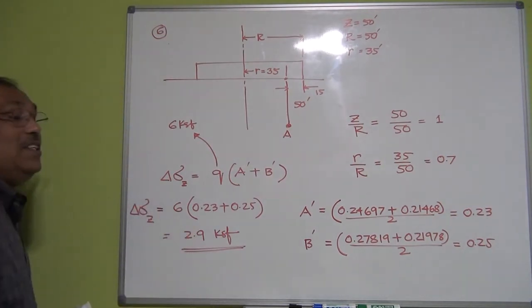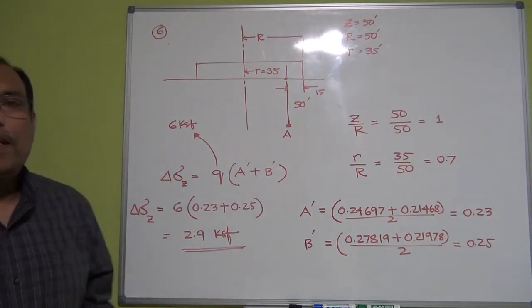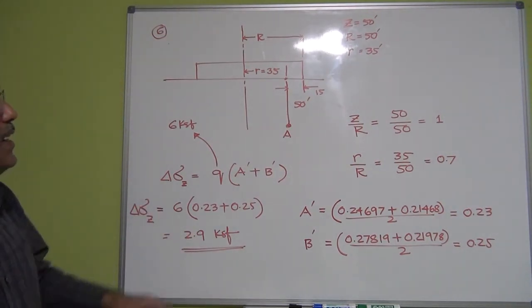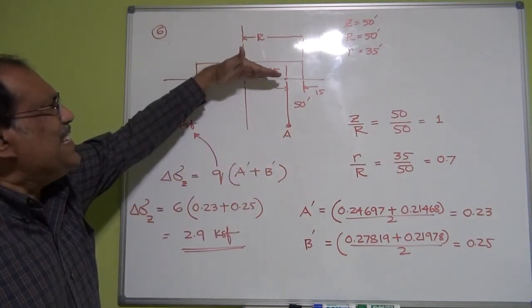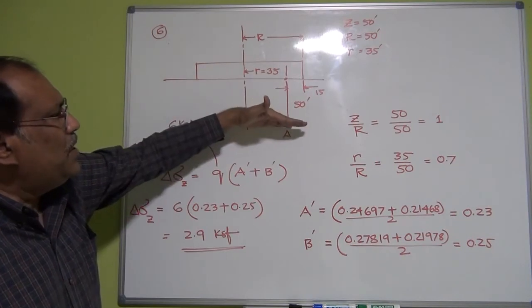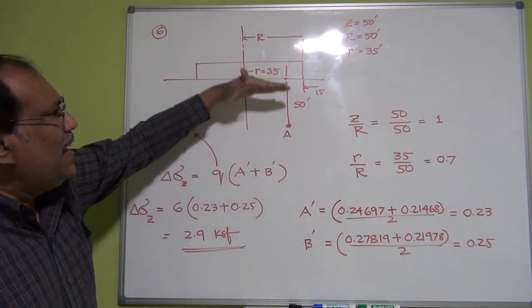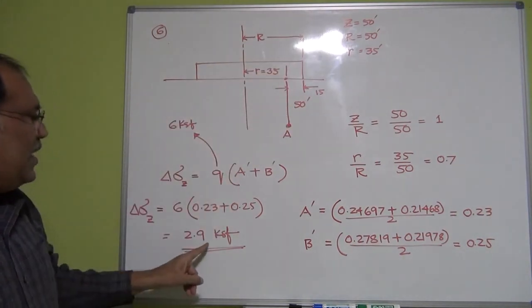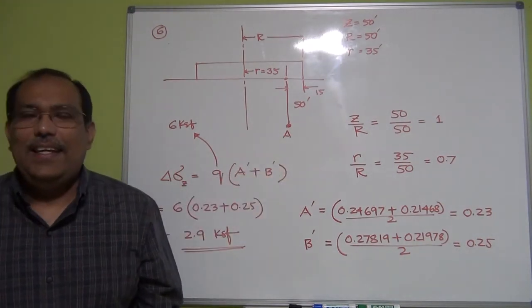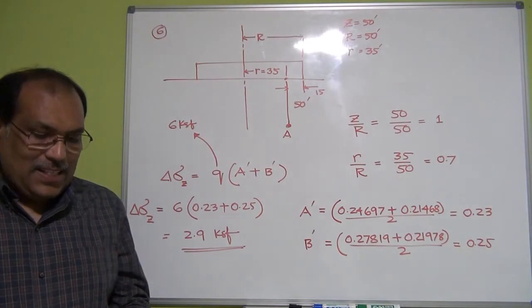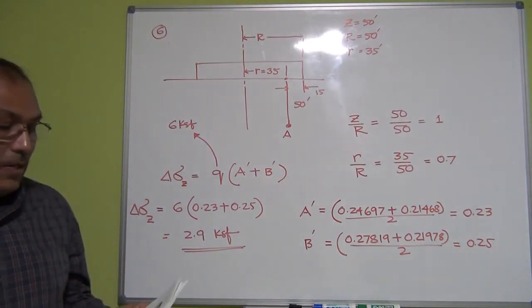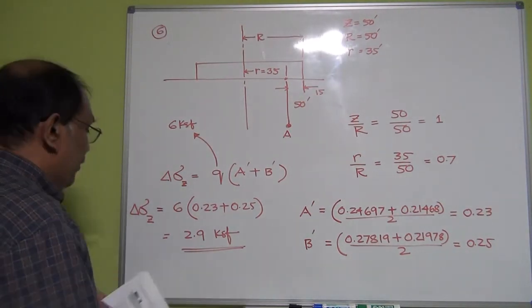So that's the change in your vertical stress. At a depth of 50 feet, even though you are putting 6 ksf here, the pressure will decrease, and this one will be 2.9 at point A. So the answer is E, 2.9 ksf.